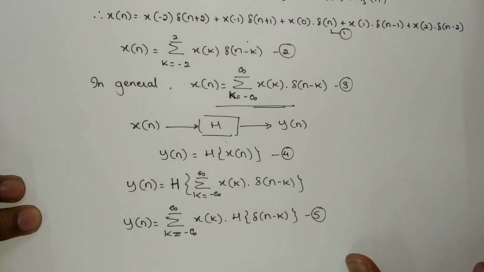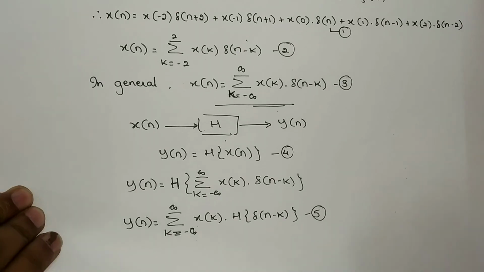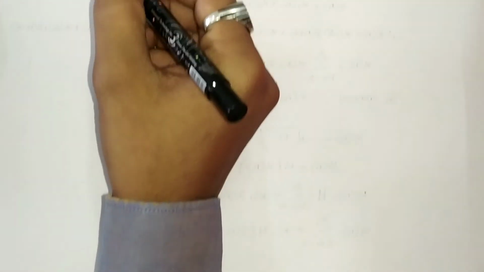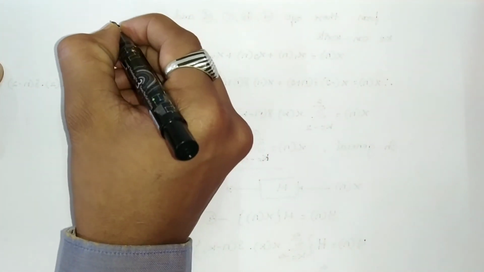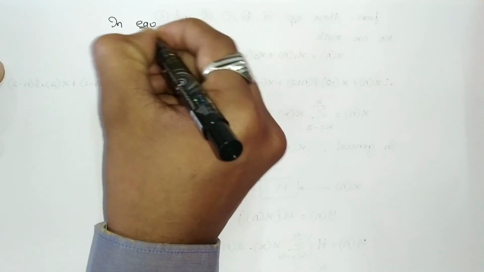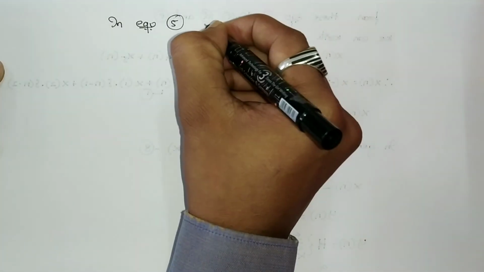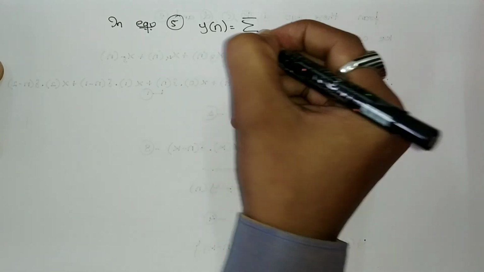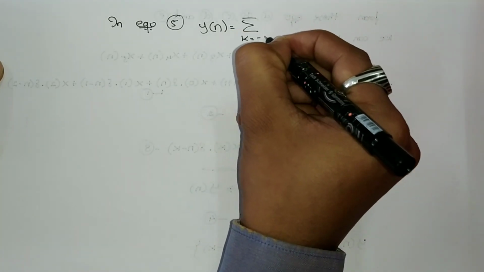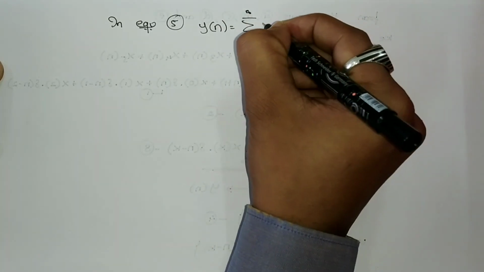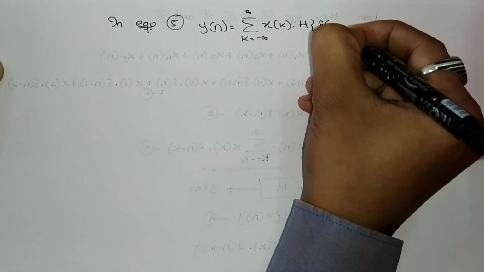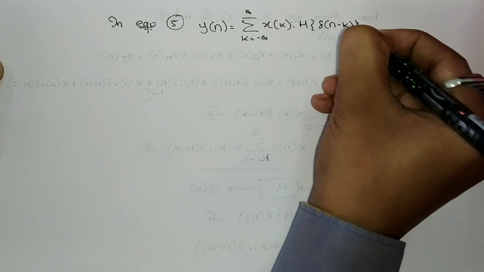Now in equation 5 we have y of n is equal to summation of k is equal to minus infinity to plus infinity x of k into h of delta of n minus k, right?